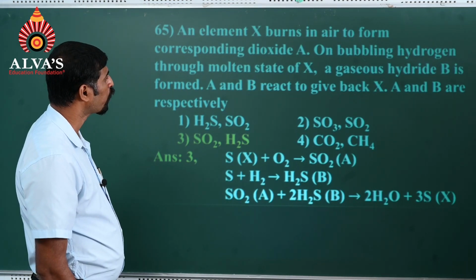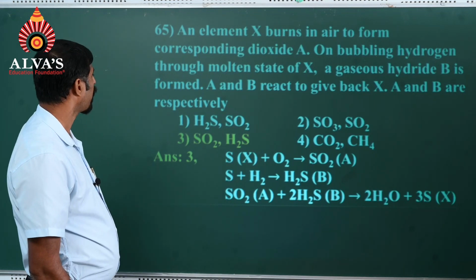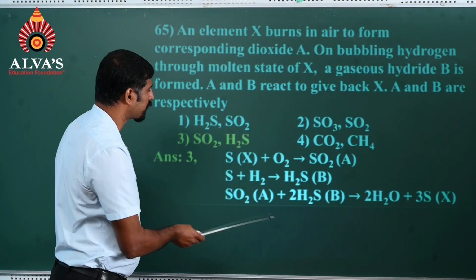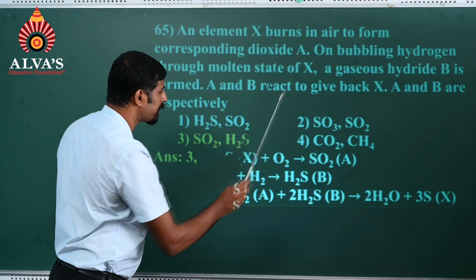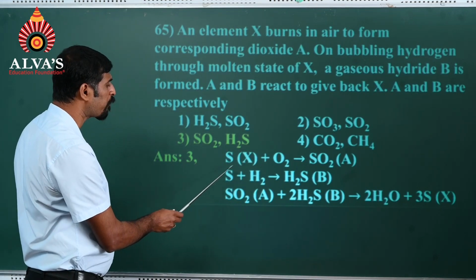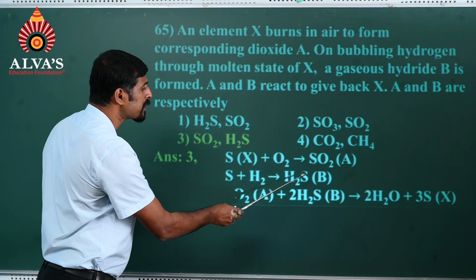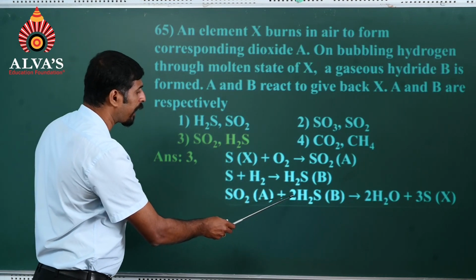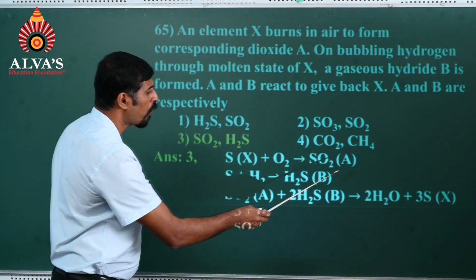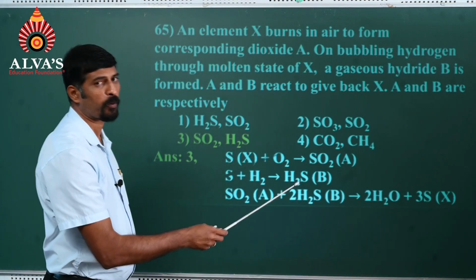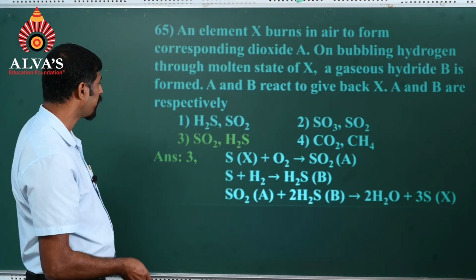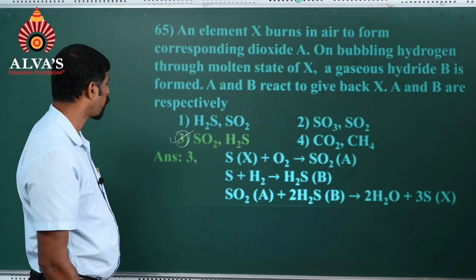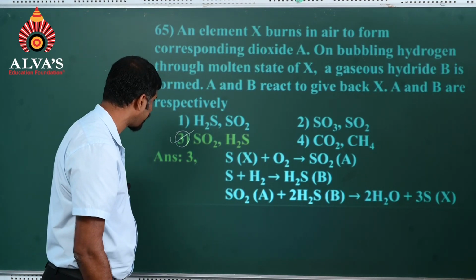A and B react to give back X. A and B are respectively... Now sulfur reacts with oxygen to give sulfur dioxide, where sulfur is X and sulfur dioxide is A. Molten sulfur reacts with hydrogen to give hydrogen sulfide, H2S, that is B. Now sulfur dioxide A and hydrogen sulfide B react to give water and elemental sulfur, so once again X is formed. Therefore A and B are sulfur dioxide and H2S. Therefore option third is the right answer.